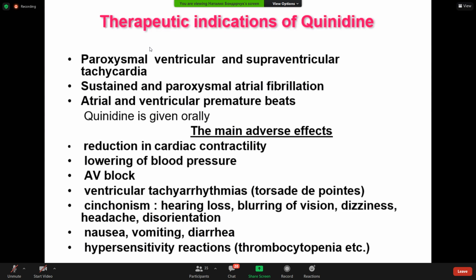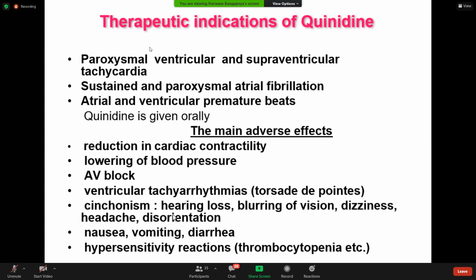All the drugs that inhibit potassium channels can cause a special type of arrhythmia, which is called torsade de pointes, and quinidine also inhibits potassium, causing prolongation of the third phase. So that's why quinidine causes ventricular tachyarrhythmia, a special type, torsade de pointes.